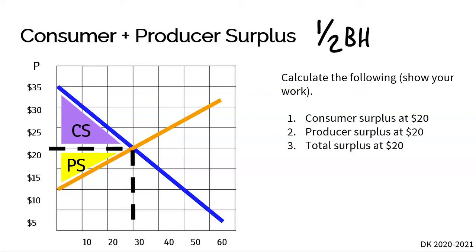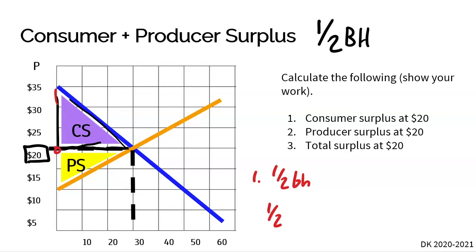And so here, the equilibrium price is $20. So what is our consumer surplus? Let's do this in red. Our consumer surplus, remember, is just 1/2 base times height. What's our base?